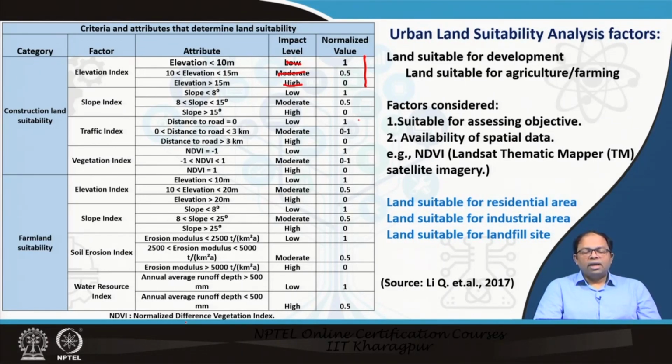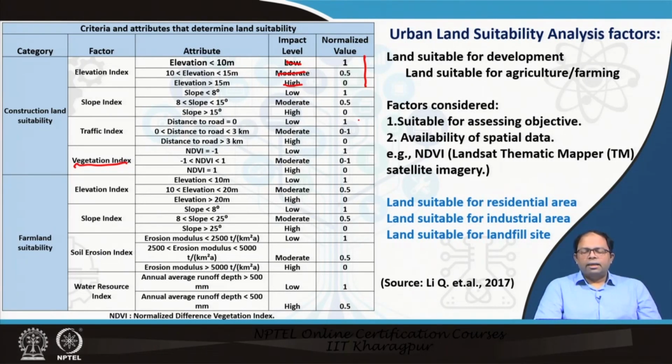And if I don't have an NDVI map or Landsat thematic mapper, we have already discussed that in one lecture, I guess. This is the Landsat thematic mapper satellite imagery data, which talks about the amount of vegetation in an area. So if those maps are not available, then we cannot create a vegetation index. So this availability of data is very important when we create the list of factors that we will use to evaluate.